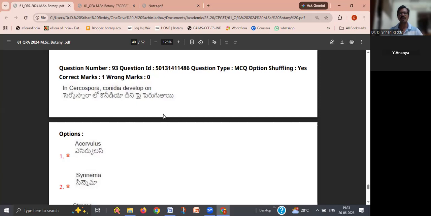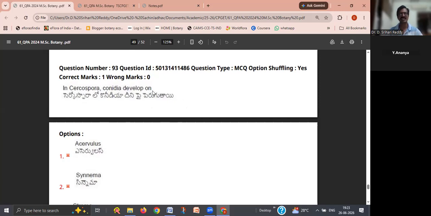So this Cercospora is also important. It is a pathogen which causes tikka disease in the groundnut. There are two species in the Cercospora genus, Cercospora arachidicola and Cercospora personata.